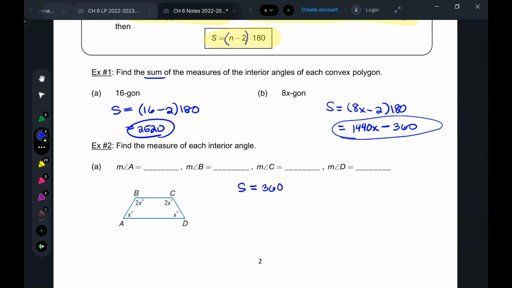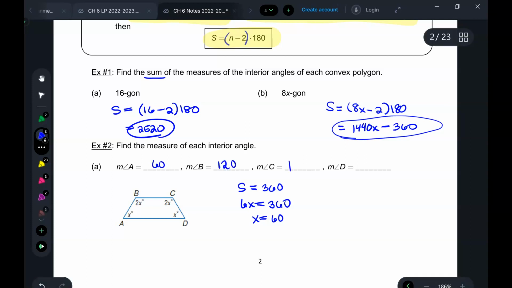So what are we going to do? Add these up? We get 6x equals 360, so x equals 60. So the measure of angle A is 60, B is 120, C is 120, and D is 60. Also, if I add all those together, I should end up with 360, which we do.